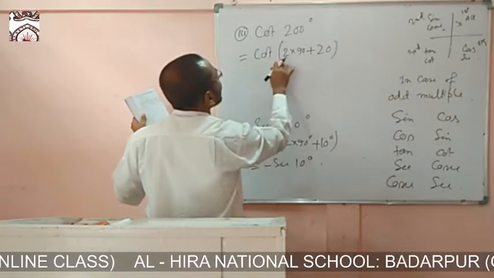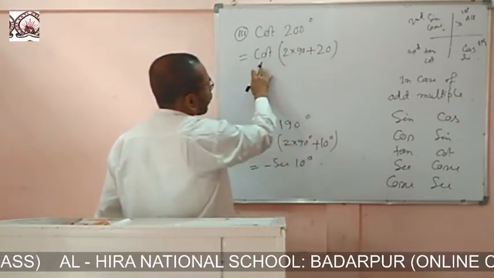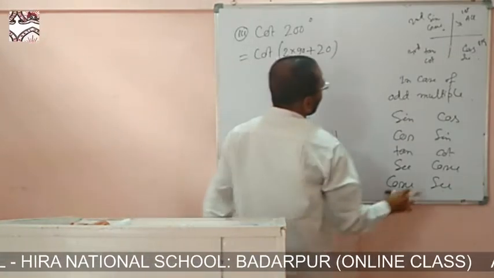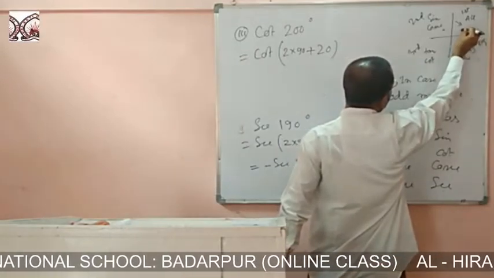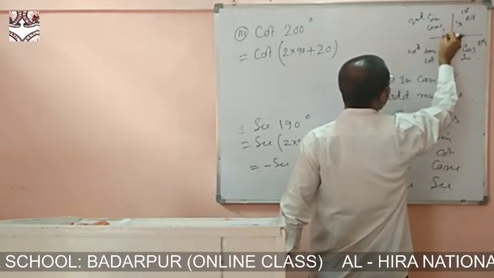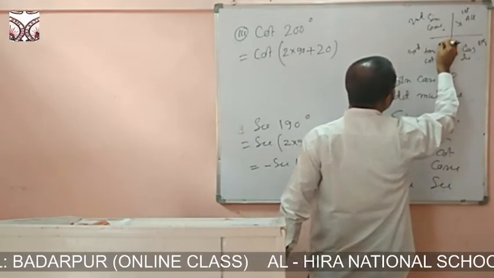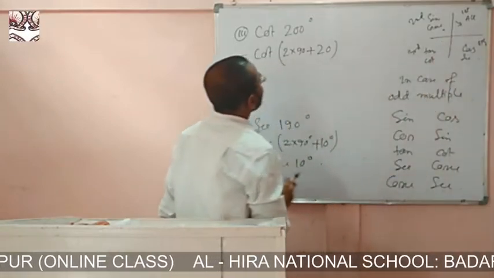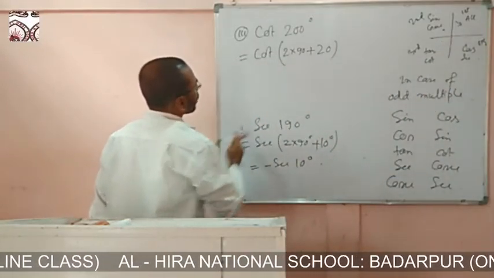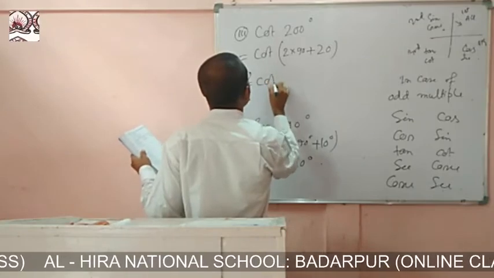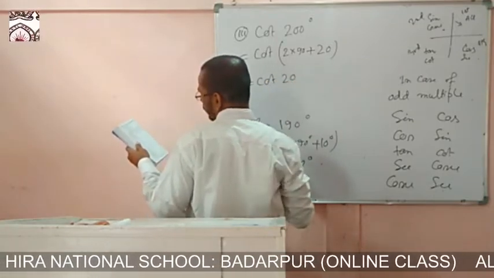So cot of 2 into 90 plus 20. So 2 into 90 means 190 gone, 290 gone, plus 20. It is in the third quadrant, and in the third quadrant is the place of cot. So cot remains cot, so cot 20 degree.